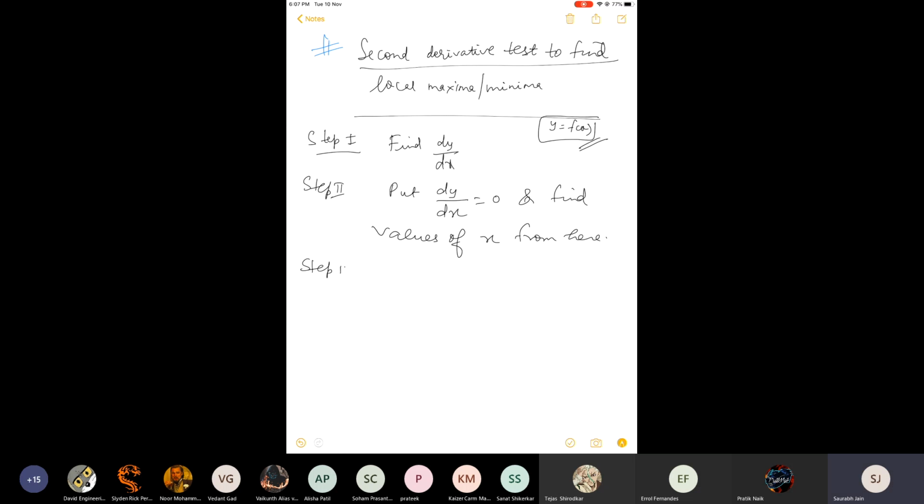Now step three. Find d2y by dx square, that is the second derivative, and put the values of x obtained from step 2 in the expression of d2y by dx square.